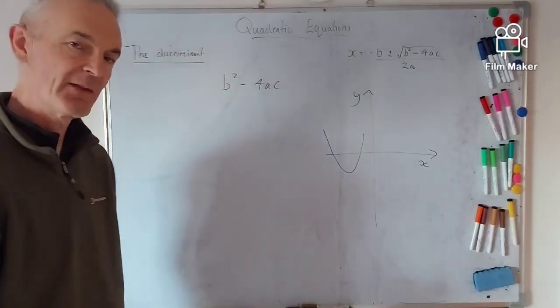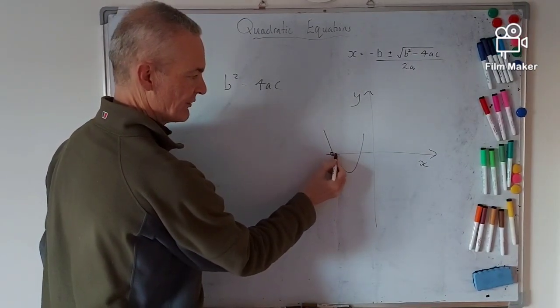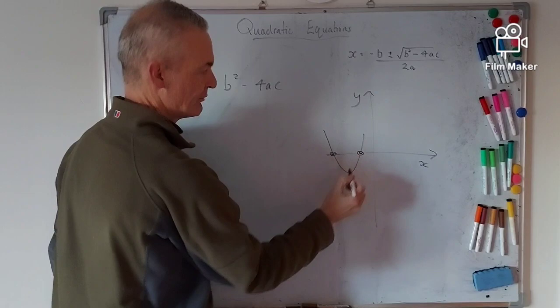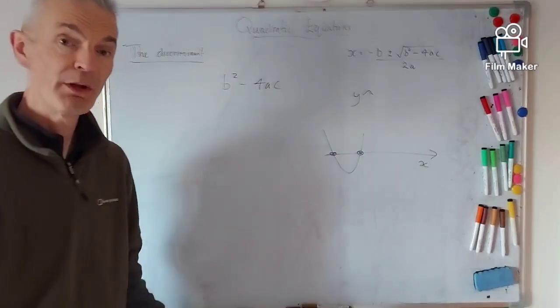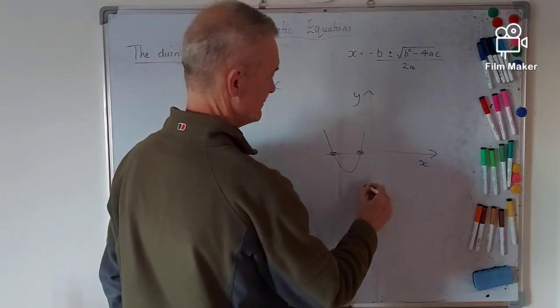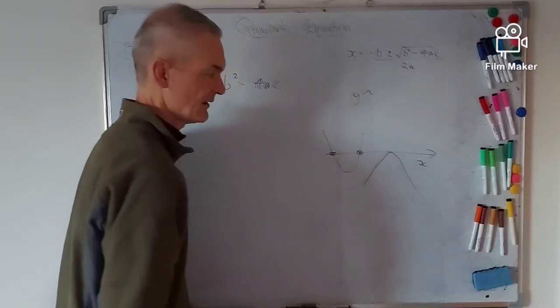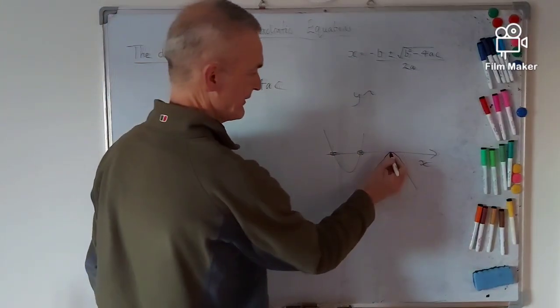This one is going to have two roots. It's going to have a root here and a root there. So that's one possibility, isn't it? Two roots. The curve could go like this, and just touch the x-axis.